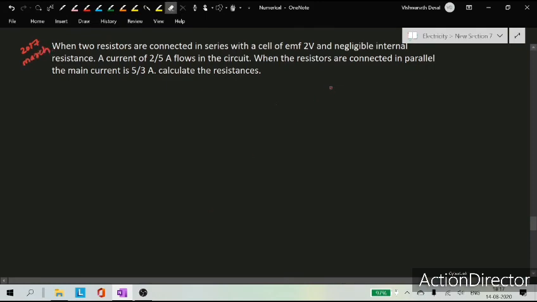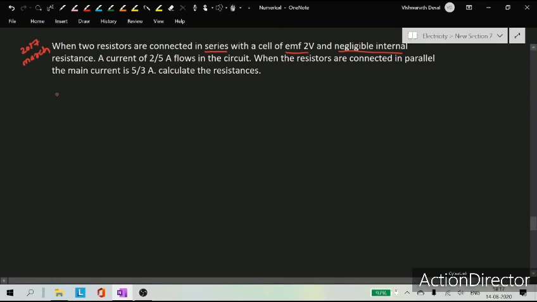So important problem. Okay, when two resistors are connected in series with a cell of EMF 2 volt, negligible internal resistance.